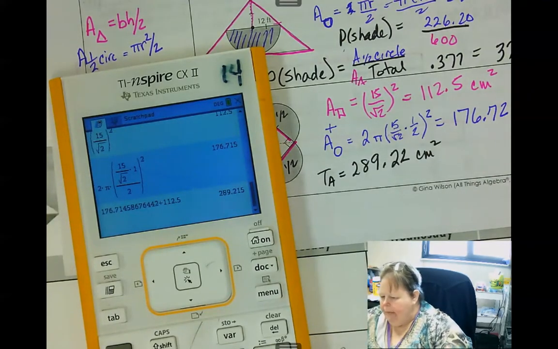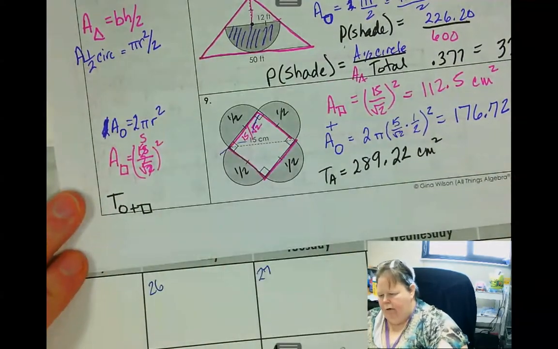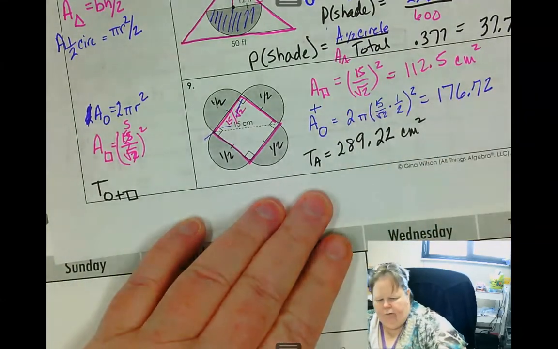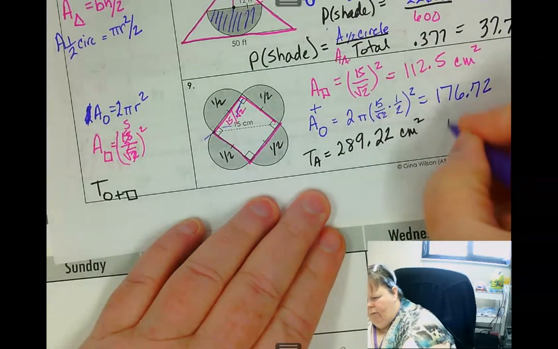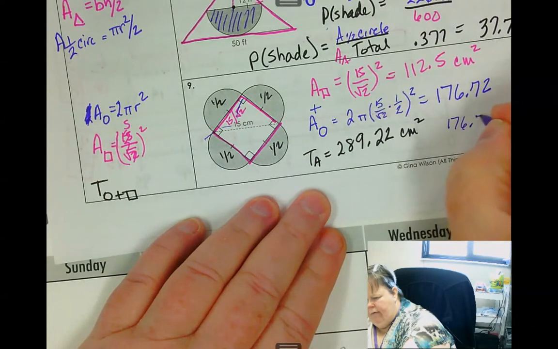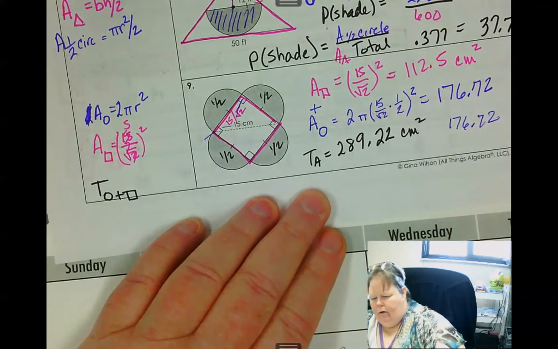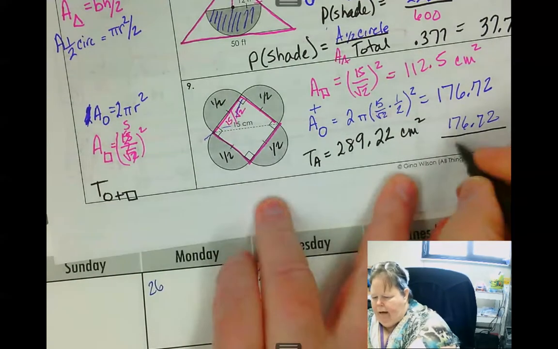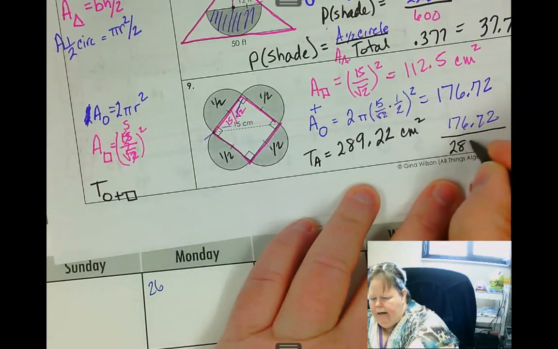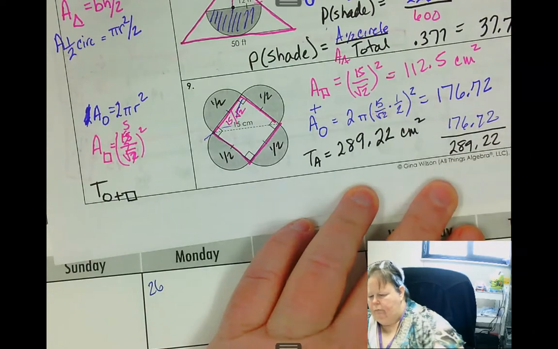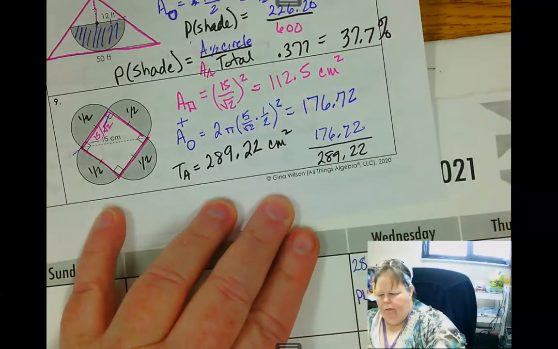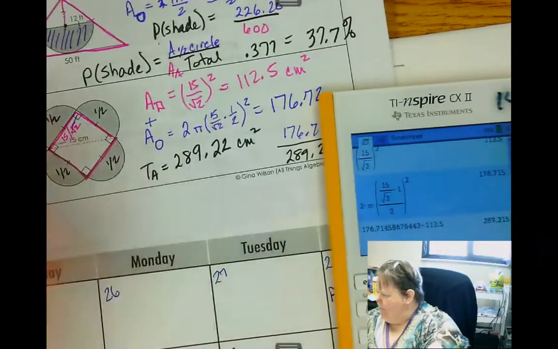Okay? So now let's do our area of the shaded. The shaded area is our circle, so that's purple. 176.72 over our total, which is in black, 289.22. So let's divide this out.